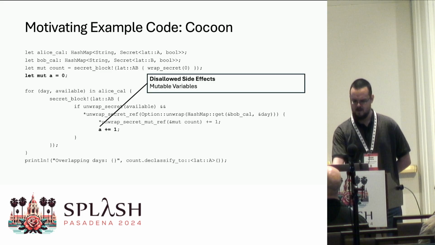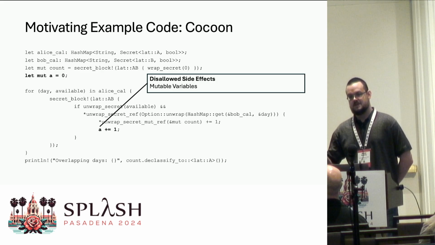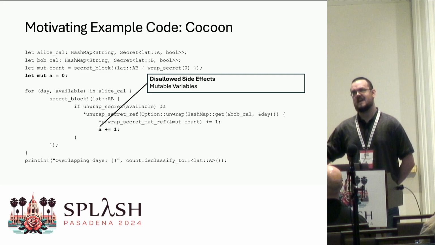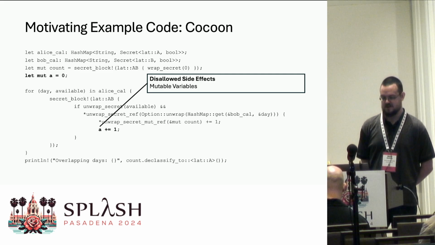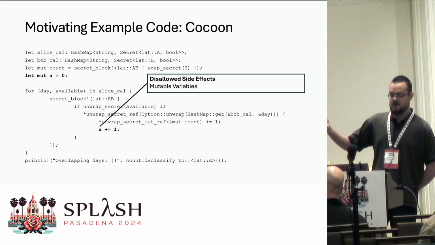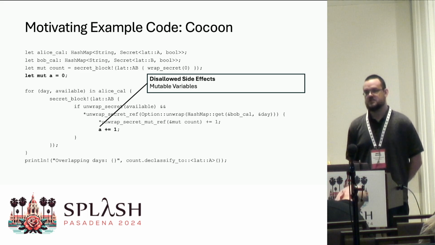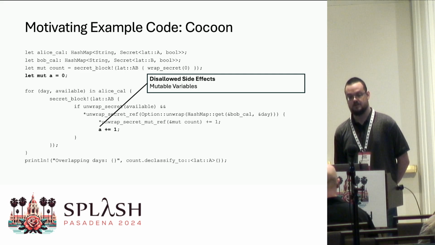So let's talk about some of the threats that we had to handle. And all of these are handled and discussed in greater depth in the paper. So I'd recommend you take a look at that for any further curiosity you have. But I'll run through a few of them real quickly. So first of all, what if we try to do this? What if we initialize a variable outside of the secret block and it's not secret, and then we try to increment it inside?